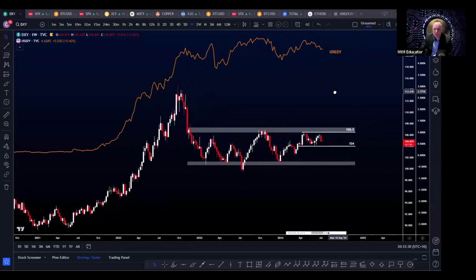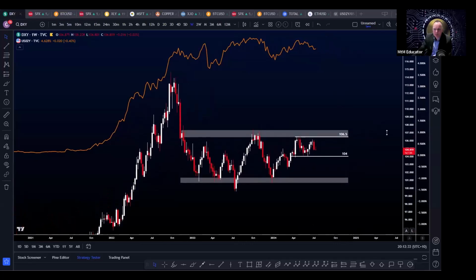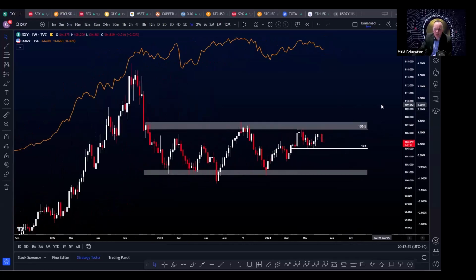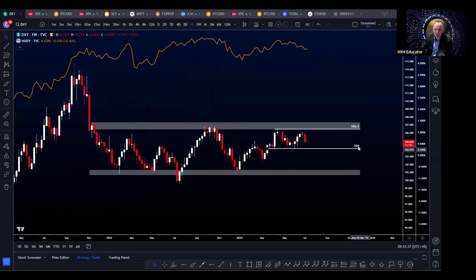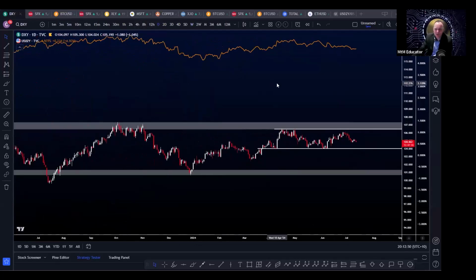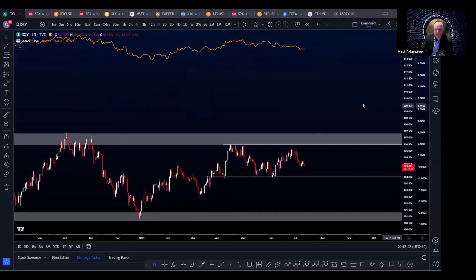So where we are sitting at this moment in time is at a really key level, or in a key range here between 104 and 106. And why this is so key is this is the range that we've been in for the last few months. And if I move it to the daily, you can see how we've been ranging in here.